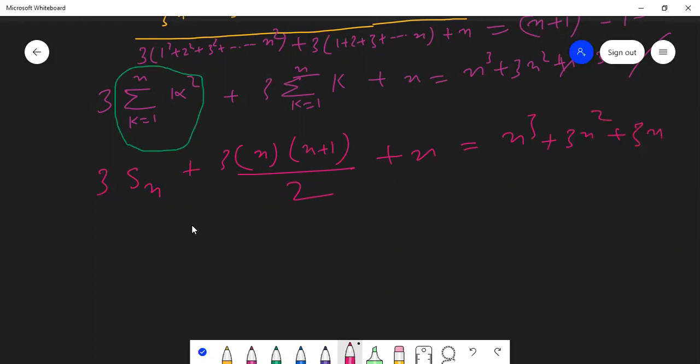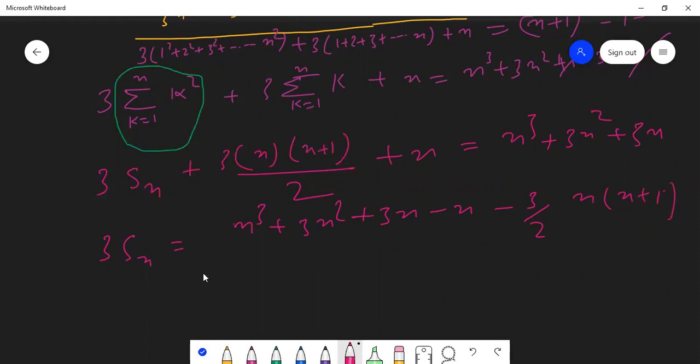This was it. So now 3Sn will be what? 3Sn is equal to, you can take everything on the right hand side now. This n will also go on the right. So on the right hand side I have n cube plus 3n square plus 3n minus n minus 3 by 2 n plus 1.